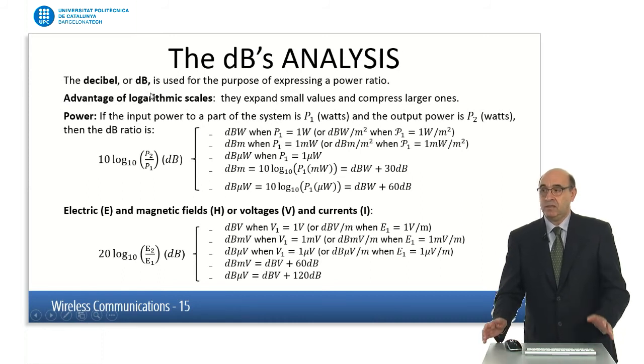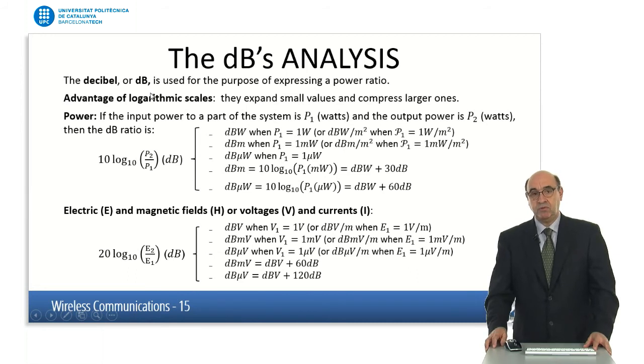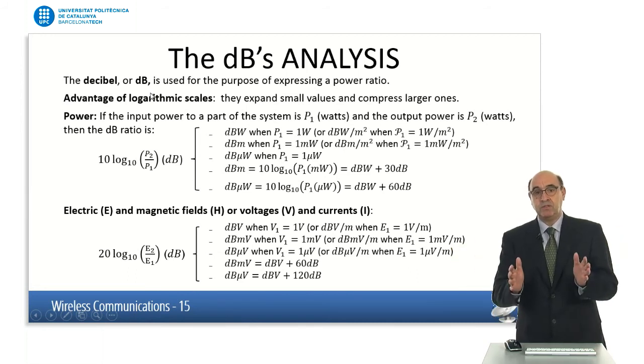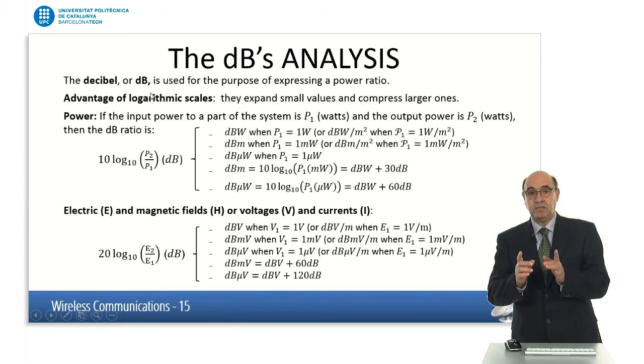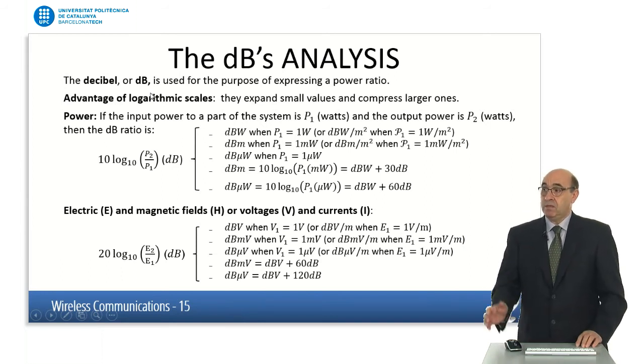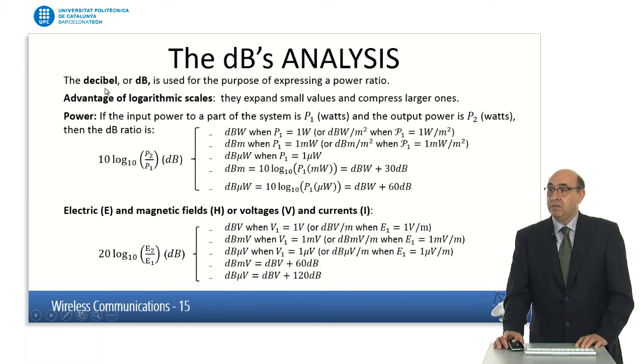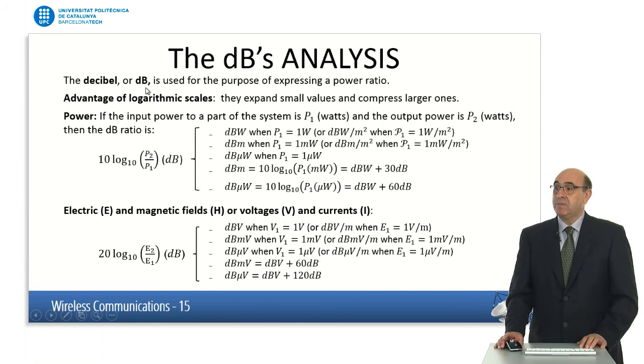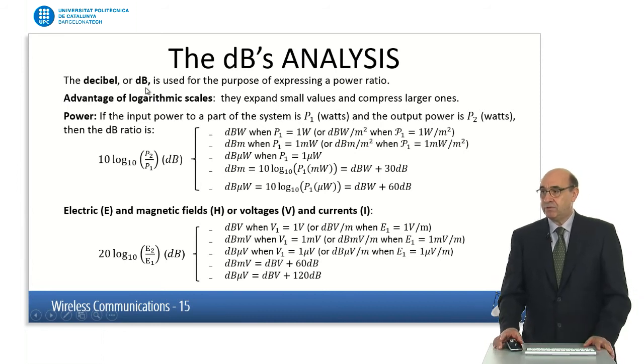This is exactly the same thing we do with metric units. We could use meters, kilometers, but sometimes you will see that we use centimeters or millimeters. That depends on what we want to see. In power, it's normally interesting to use the decibel, one tenth of a bel. The name comes also from Bell, the inventor of the telephone.